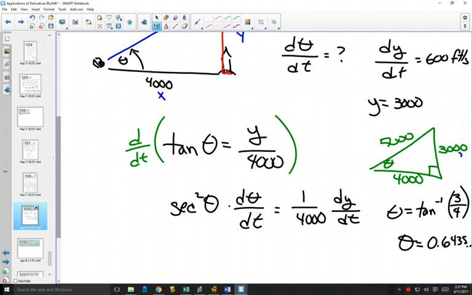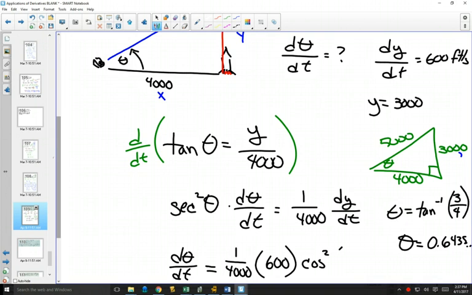So we can get that angle, and then we can calculate d theta dt. Secant squared is 1 over cos squared. dy dt was 600. If I multiply both sides by cos squared, this is what I would get.